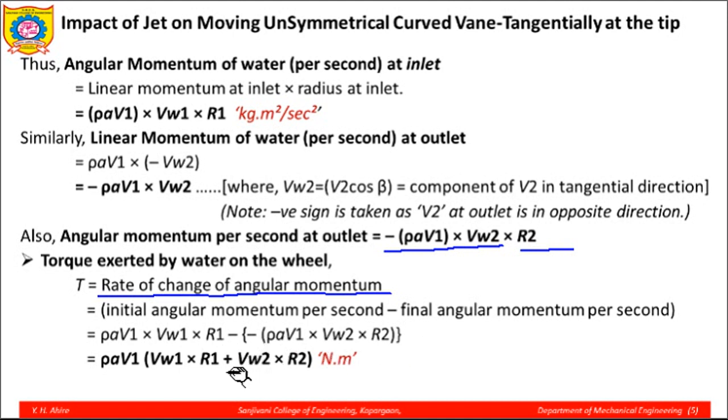So minus minus becomes plus, and rho a v1 can be taken constant. So this is rho a v1 into (Vw1 r1 plus Vw2 r2) in the bracket. This gives you the formula of a torque exerted by water on the series of radial vanes. That is the case of a wheel. Unit will be Newton meter for the torque.